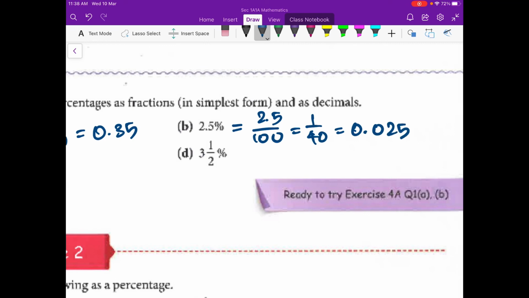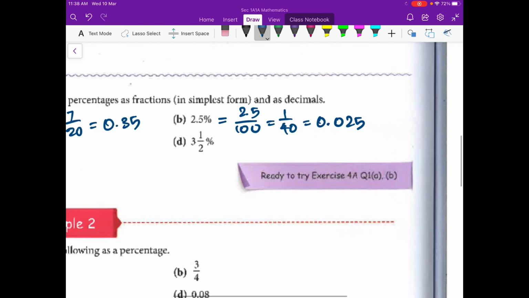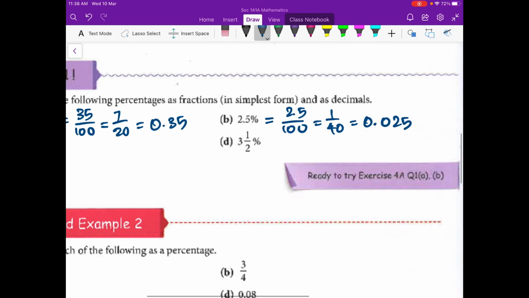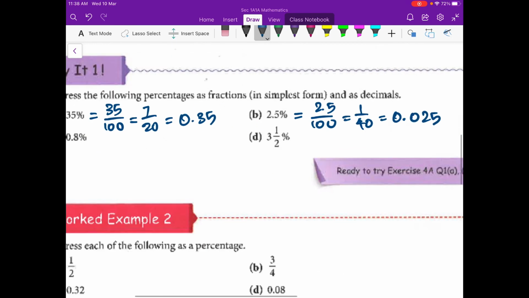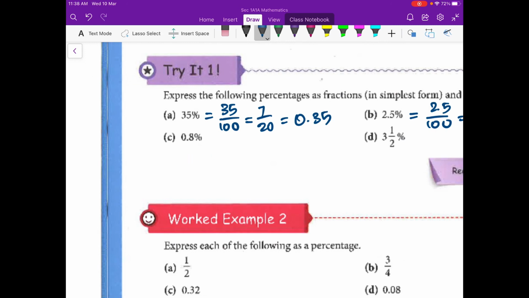0.025. Next, 0.8%. 0.8. So we get 1 over 125 and the value in decimal. Okay, correct.